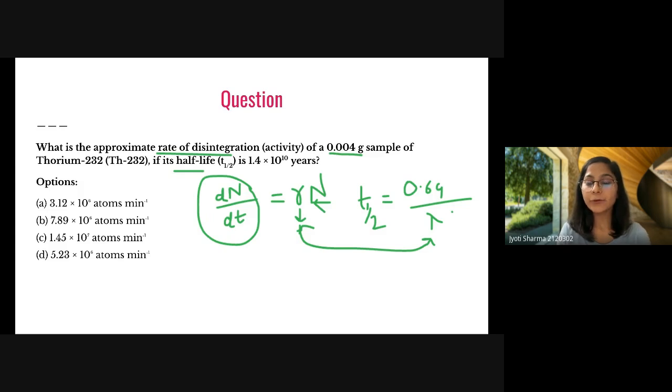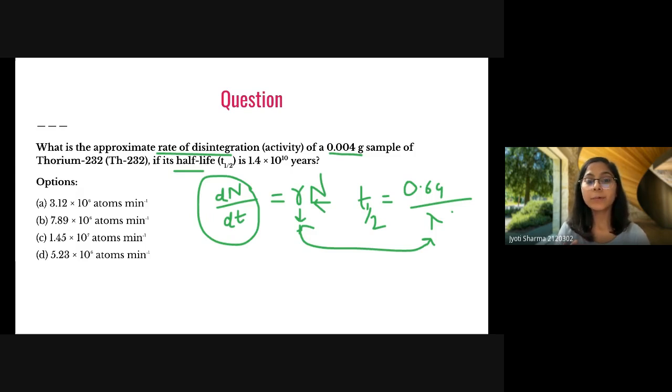From half life you can calculate this constant. And if you know the constant and your concentration, which is 0.004 gram, just keep in mind this is the rate of disintegration, so we are talking everything in number of atoms.